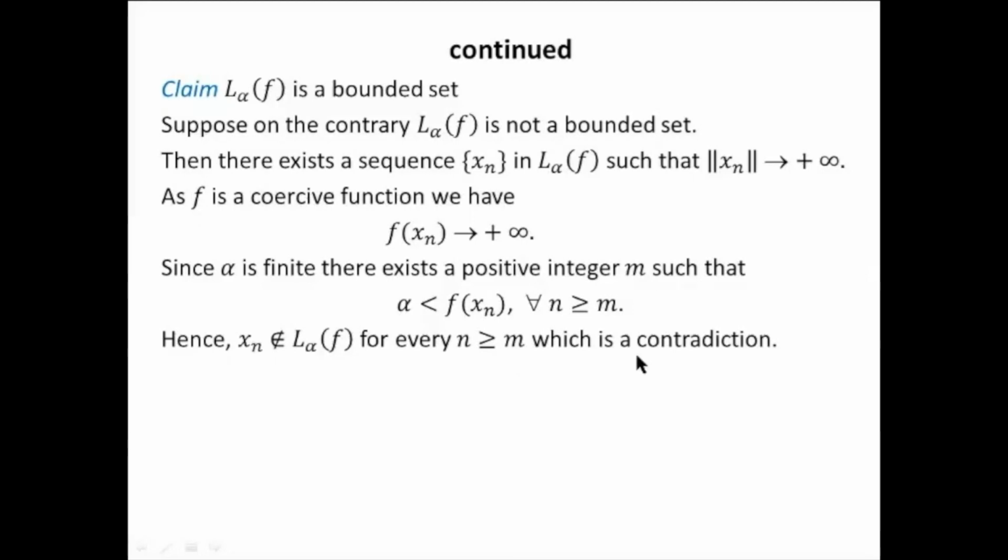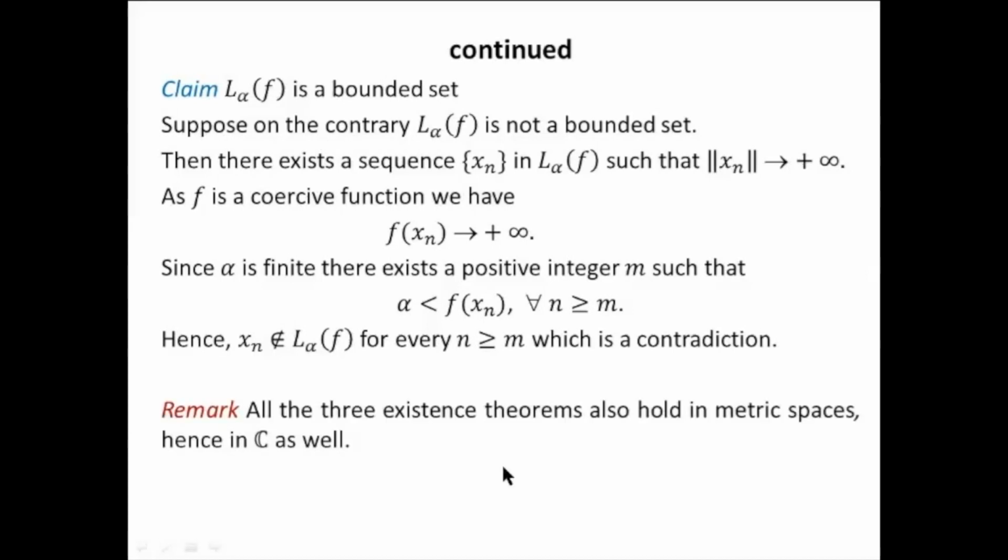But this is a contradiction because we had taken the sequence xn from L alpha f, this sublevel set, and now I am saying the tail of that sequence is outside this sublevel set, which is a contradiction. Hence, we have proved that the sublevel set which we have taken is a compact set, and it being compact, by the previous theorem, there exists a global minimizer.